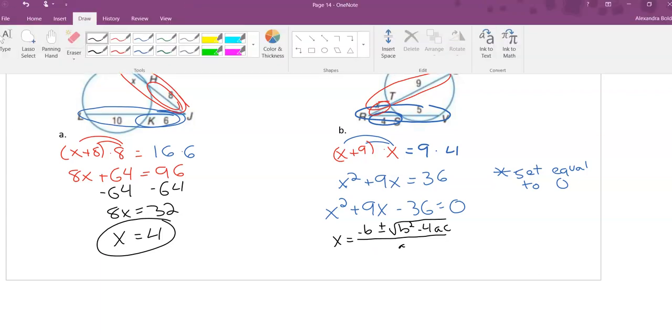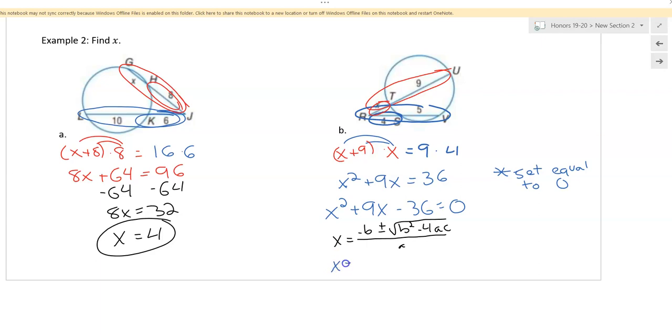So in this case, x equals, well, b is 9, so negative 9, plus or minus 9 squared. I like to put it in parentheses, because if it's negative, it needs to be. Minus 4 times 1 times negative 36, all over, sorry, there should be a 2 here, 2a, 2 times 1.